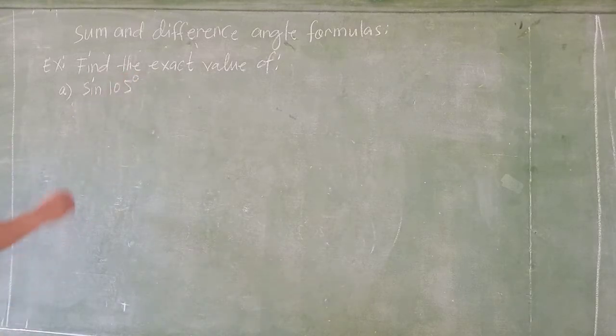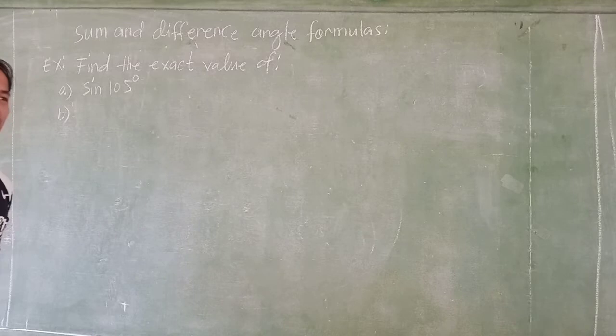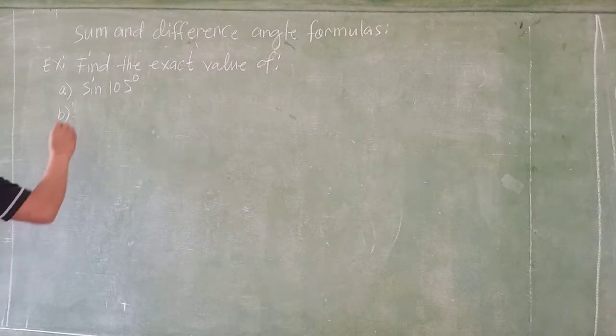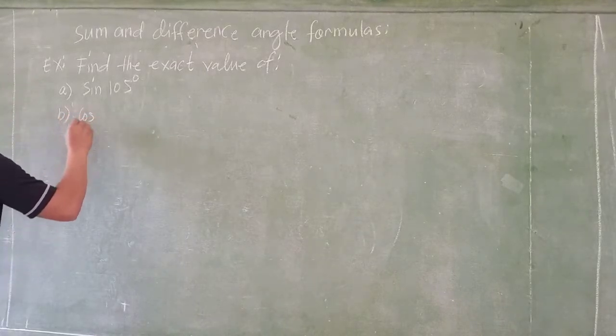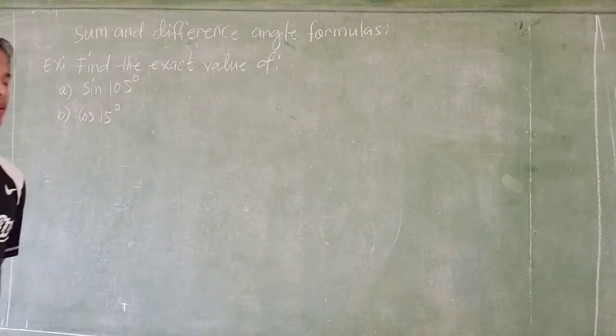Next, letter B, we have cos of, we will also involve the difference, para kuha sa difference, no? We have cos of 15 degrees, the smaller angle, no?